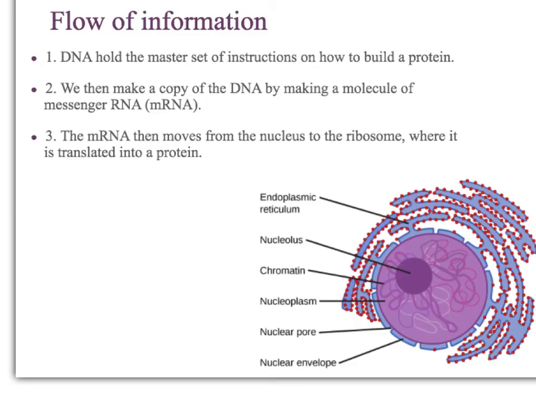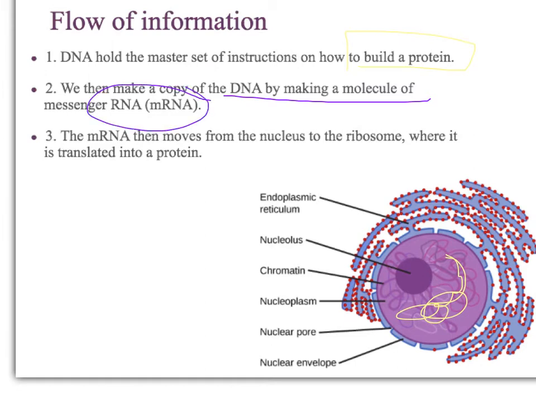Let's talk about the flow of information, which will also review some of your cell organelles for your final. We know that DNA, which resides in the nucleus, contains the instructions on how to build a protein. So when we make a copy of our DNA, we're going to take DNA and make what's called messenger RNA.